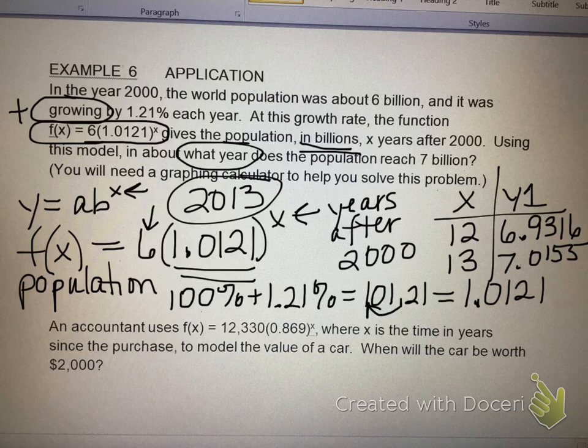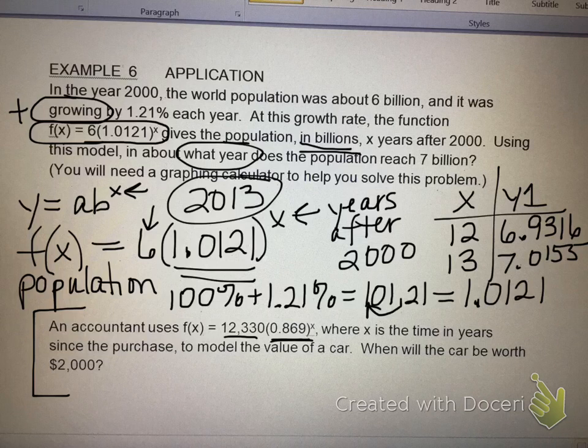Hopefully that made sense. Please write down your questions if you have any for this. And I want you to try this next one by yourself. It's very similar. Notice that we have a decline. That's normal for cars. As soon as you drive it off the lot, it loses value. So this number being less than 1 is actually no real surprise. And here's the original cost of the car, $12,330.